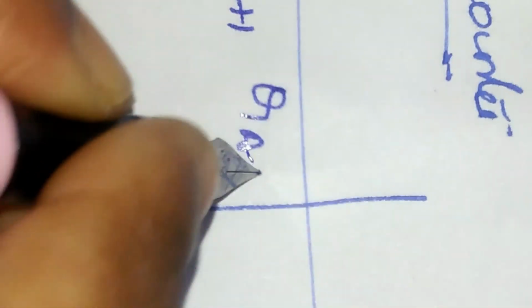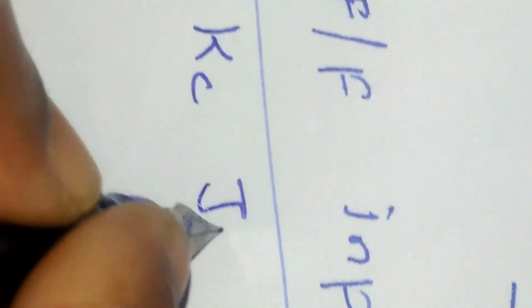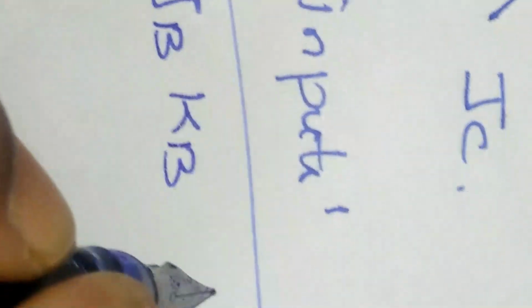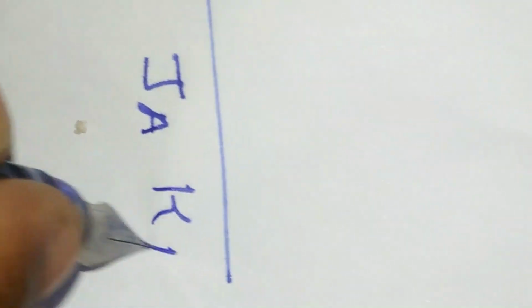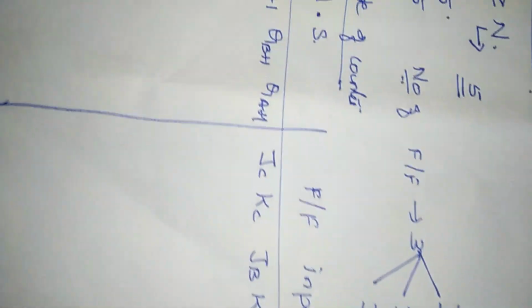The next state I will write as QC plus 1, QB plus 1, QA plus 1. Our flip-flop inputs will be JC KC, JB KB and JA KA.